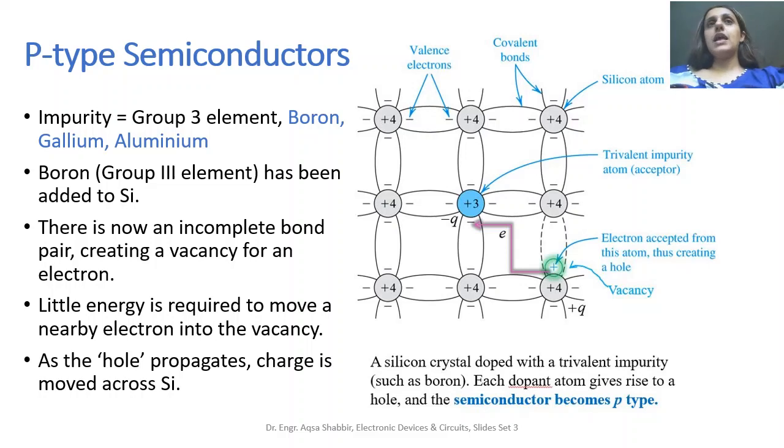This way, by the addition of an impurity of an element from group 3, we are able to create an excess or an abundance of holes inside the semiconductor. And this gives us our P-type semiconductors, which have an abundance of holes.